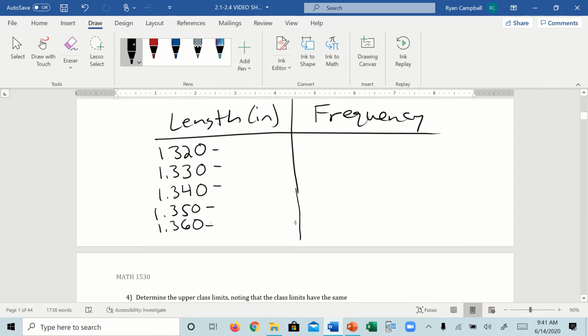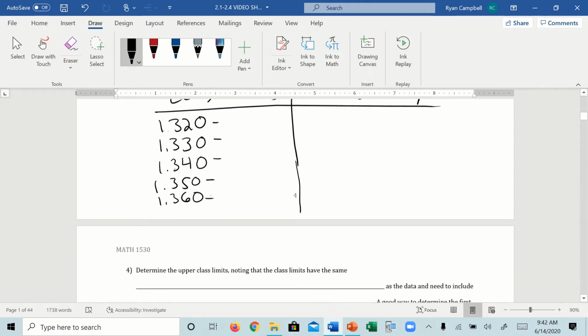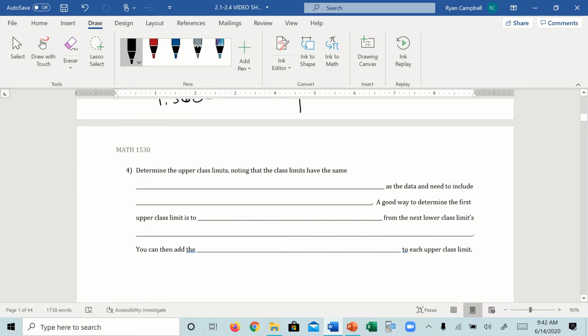All right, so remember, step 3, you go down to find all the lower class limits. Step 4, you want to determine all the upper class limits. So, making sure that we note the same number of decimals as in the data, as the data need to include all possible points.